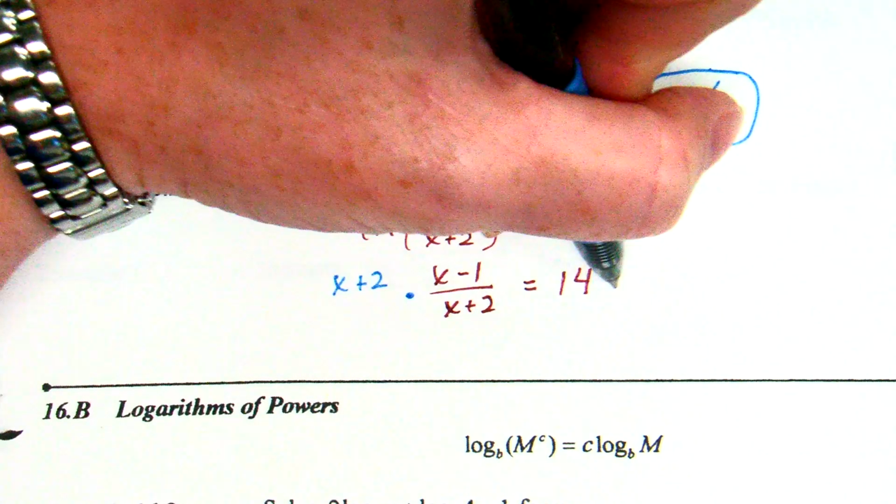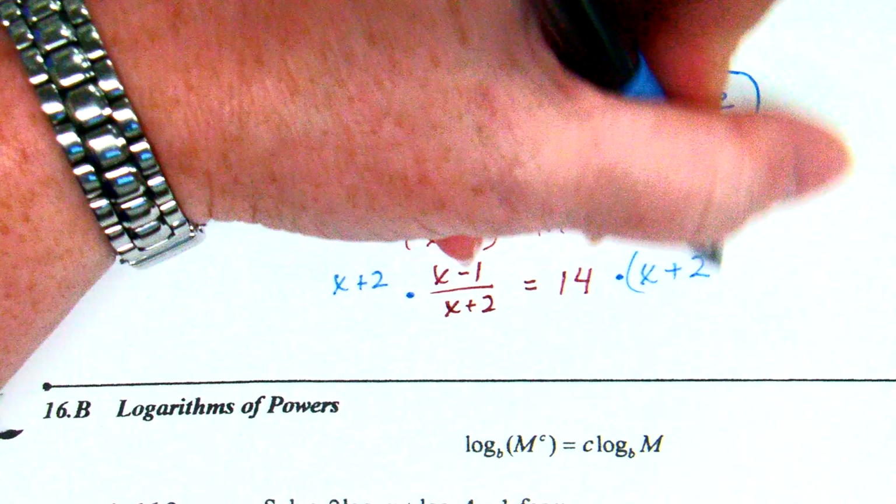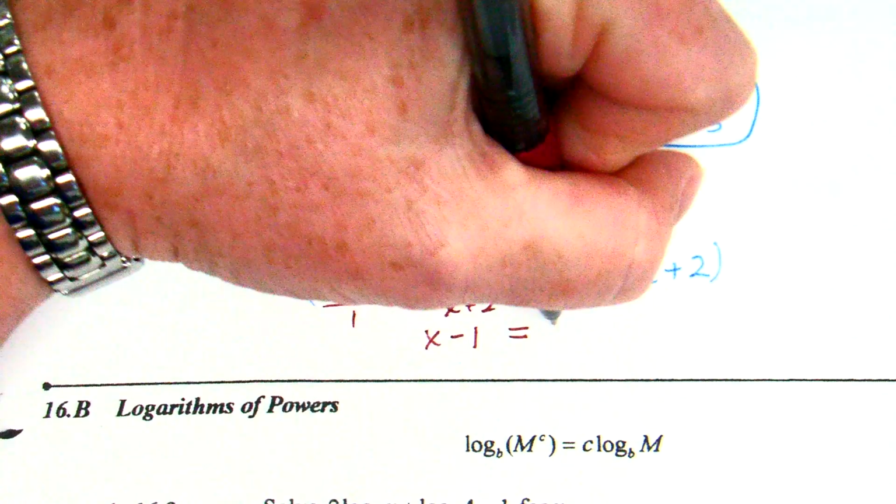What you do on the left, we do on the right. On the left, what happens when I multiply by x plus 2? The x plus 2's cancel. We have x minus 1. On the right, what happens when I multiply by x plus 2? Distribute. 14x plus 28.